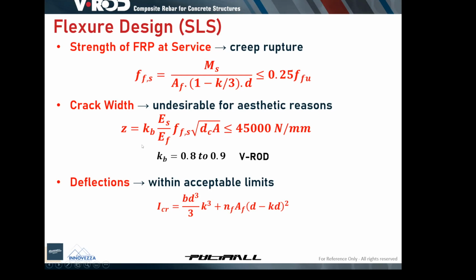We have been doing a lot of research on this kb, and we arrived at a kb from 0.8 to 0.9 for GFRP bars. Deflections are calculated the same way as for steel reinforced elements, by using the cracking moment of inertia per the S806, and per the ACI and the AASHTO it is based on the effective moment of inertia.